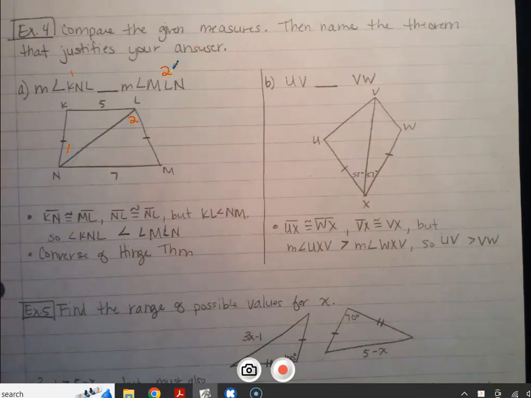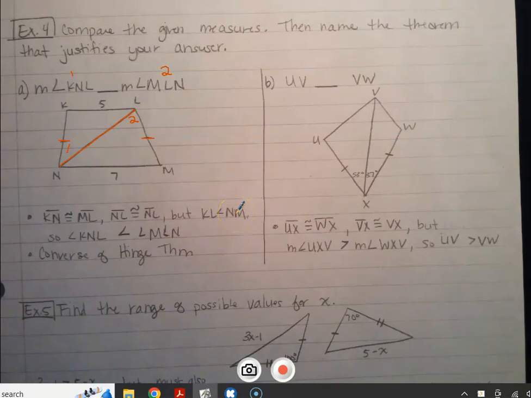So here is what we know. We know KN is congruent to ML, because that's marked. And we know NL is congruent to NL. But KL is less than NM.